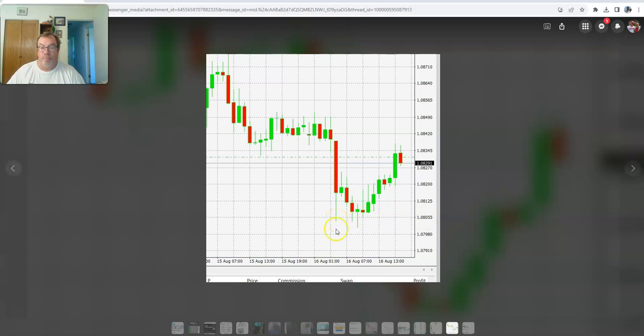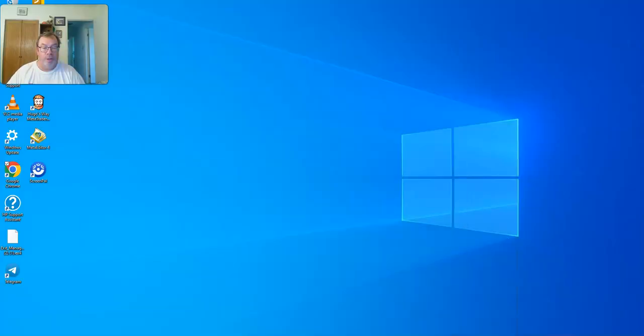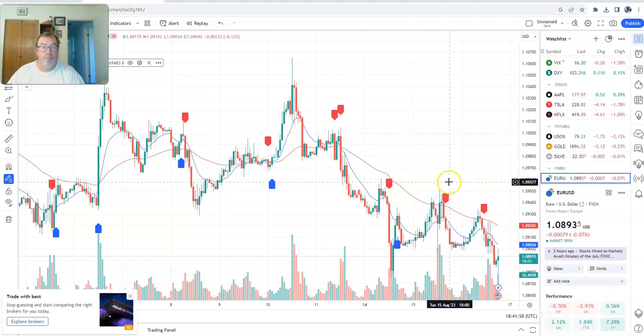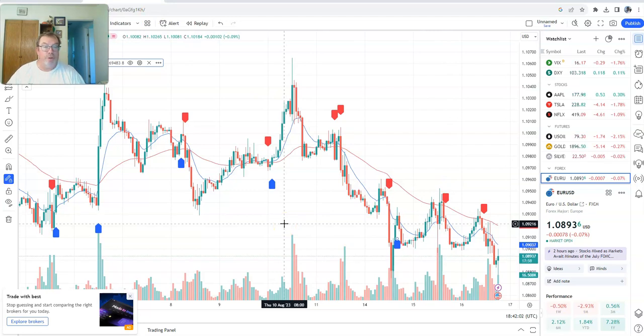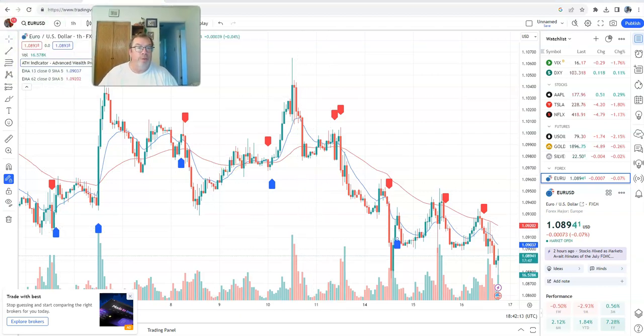Now, when you're seeing this stuff on TradingView, and that's what I'm going to pull up right now, and by the way, for anybody that's doing 1362 trades, I just pulled up this chart. There's some good ones that have happened recently. But anyway, that's a different story. So let me move this over here.